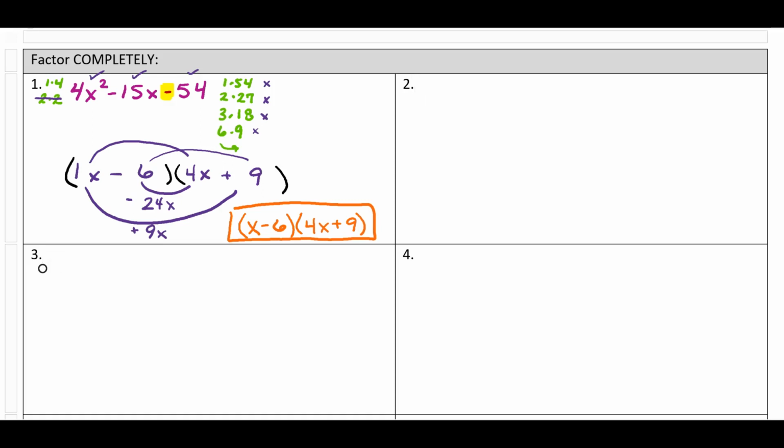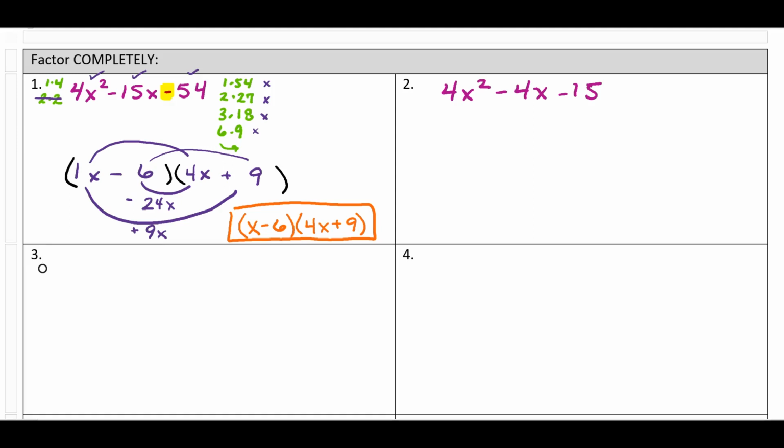Okay, so now let's look at number 2. So number 2 is going to be 4x squared minus 4x minus 15. So again, our first step is to list all our factor pairs.